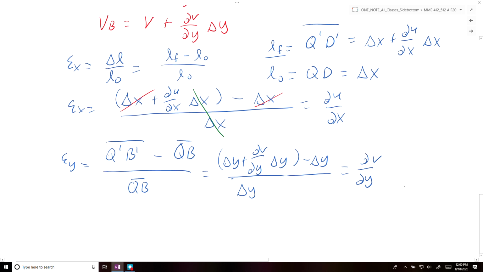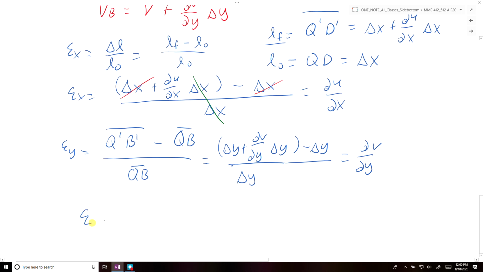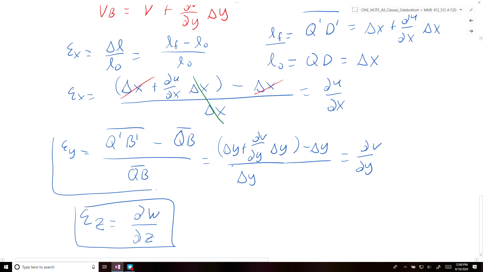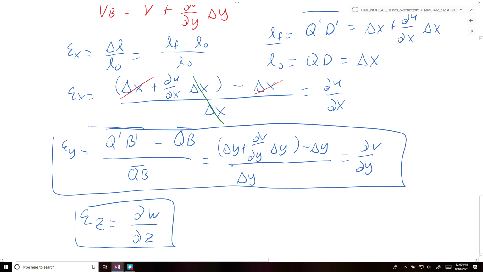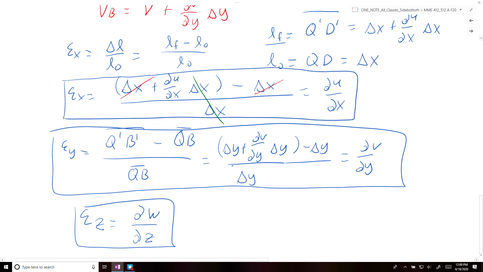Right? So though we only had a 2D case here, you could show in a very similar fashion that the strain in the z direction would just be equal to dw/dz. Right? So these three relationships here are the critical relationships between the displacement of a system, which is u, v, and w, with the normal strains epsilon x, epsilon y, and epsilon z.